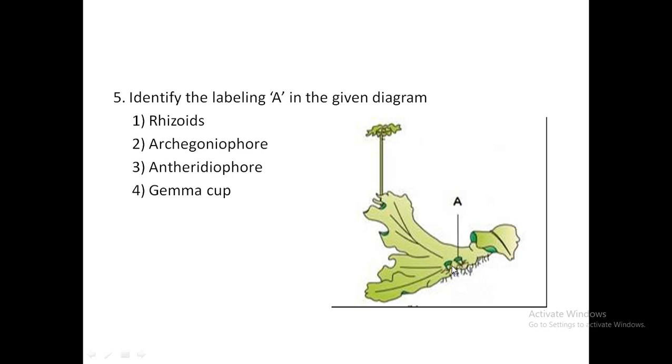Gemma cups are asexual reproductive structures found in liverworts such as Marchantia and Riccia. This one is the antheridiophore, which produces antheridia. Here you can see these are rhizoids. These are root-like structures which do not have xylem and phloem.